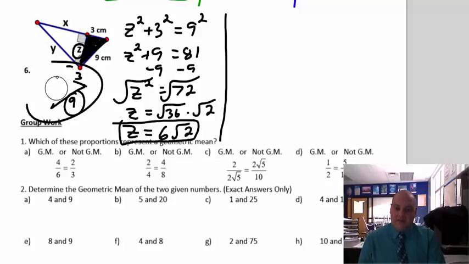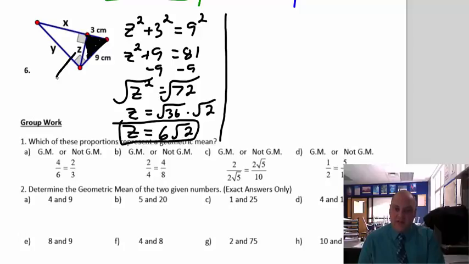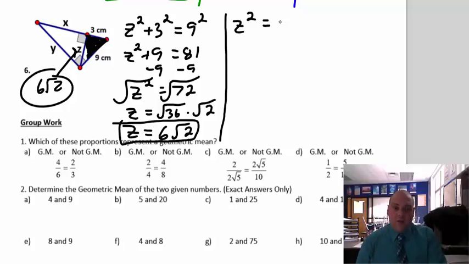So now I can do x, because x is going to be based on z. I know z. I know the altitude is 6 radical 2. All right, so now I can do z squared. I can do my geometric mean. Z squared equals 3 times x.